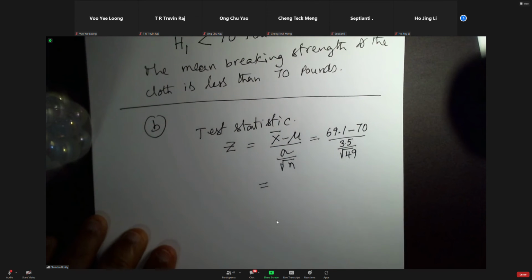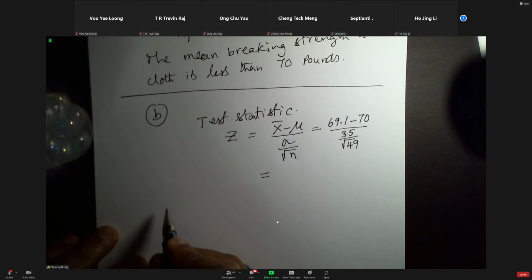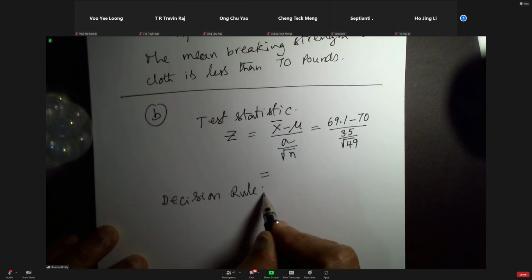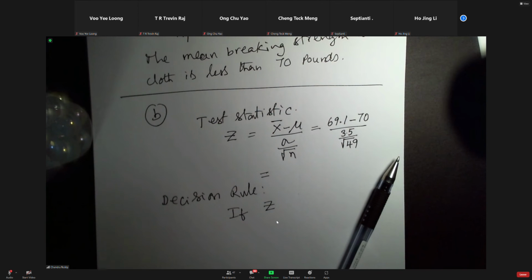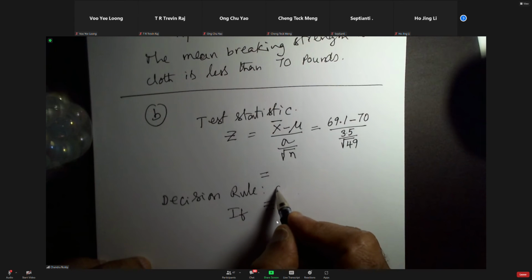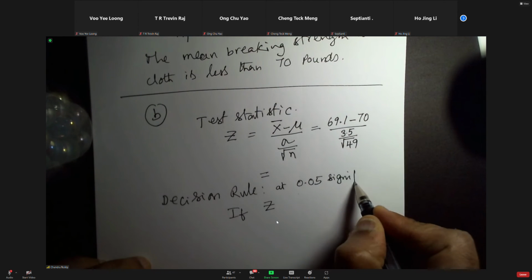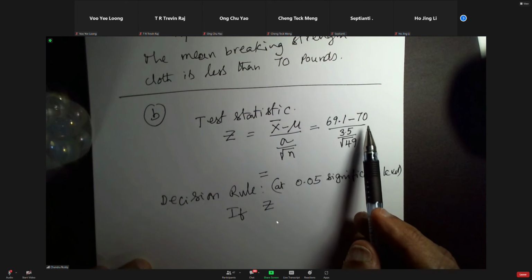So can someone tell me how much is this? Negative 1.80.